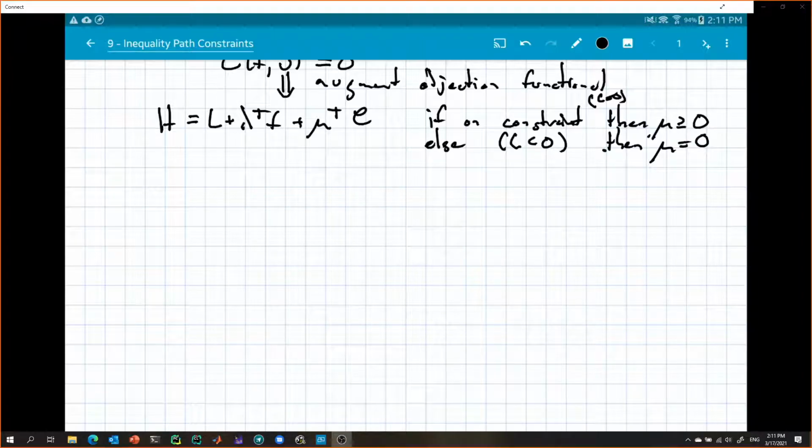So basically, if you're on the constraint and mu was less than 0, then in that instance you should not be on the constraint, because there's some area within the constraint boundary that you can satisfy to make the Hamiltonian smaller. So that's where that condition comes from. And then the second condition comes from deriving the necessary conditions.